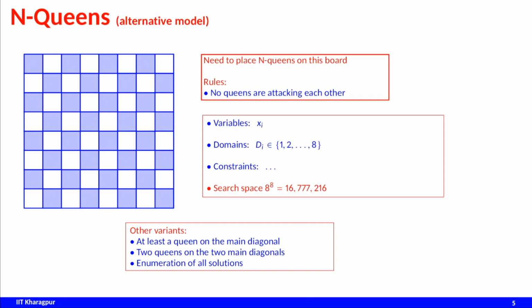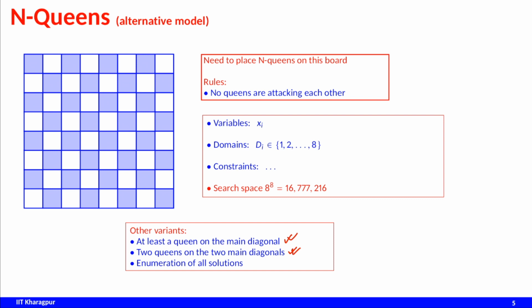So we have looked into the same problem in different ways to model. There can be other variants of this problem that you can take as an exercise, that you can have an additional constraint, like at least a queen is on the main diagonal. So I have to ensure that one queen must lie on the actual diagonal. Then a little bit more, 2 queens on the 2 main diagonals.